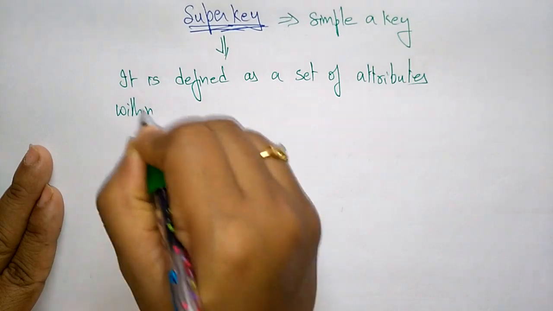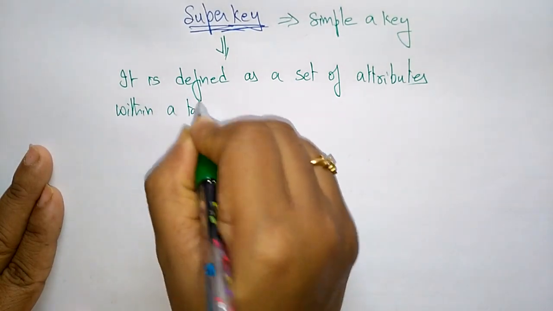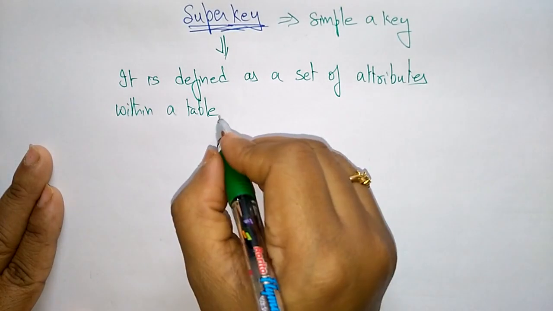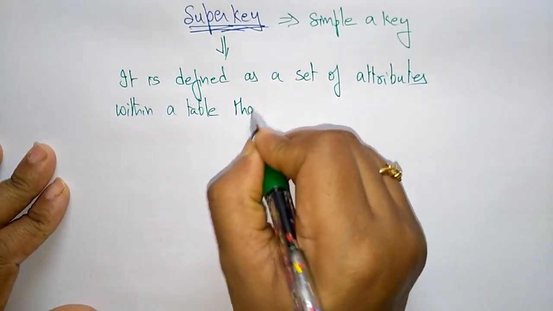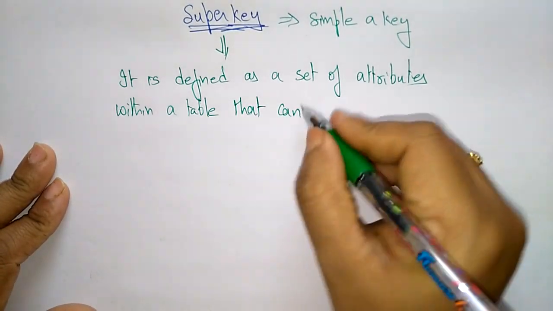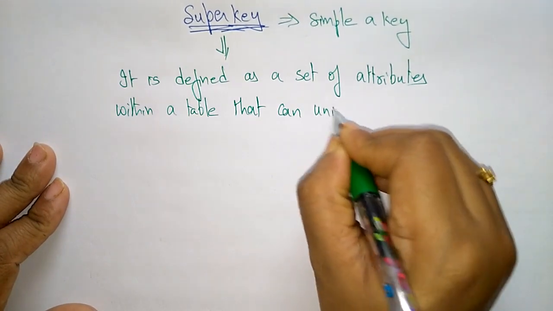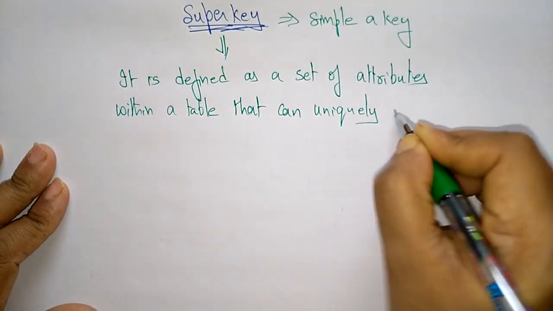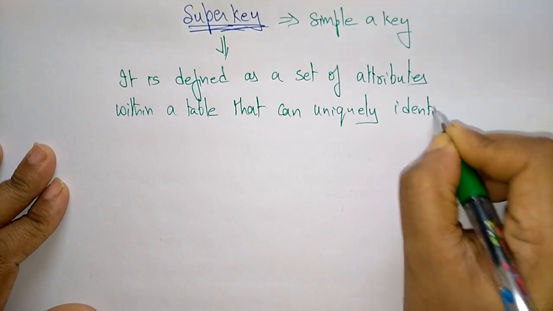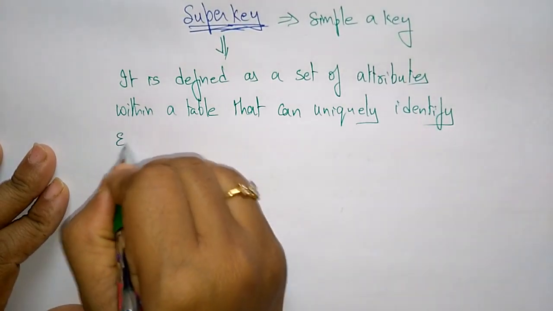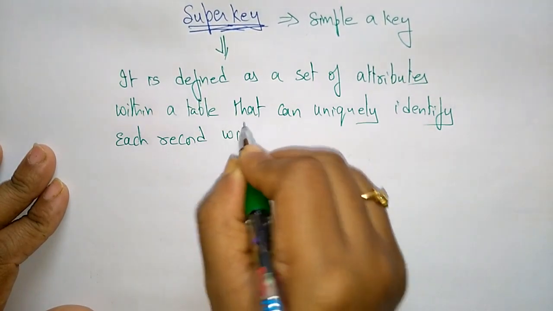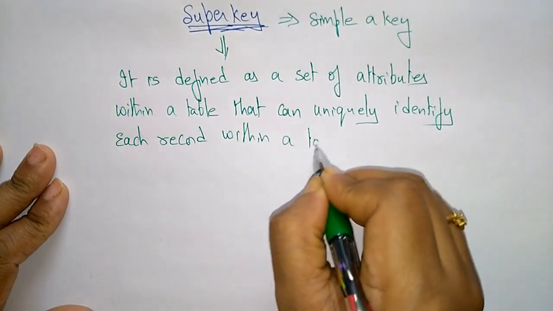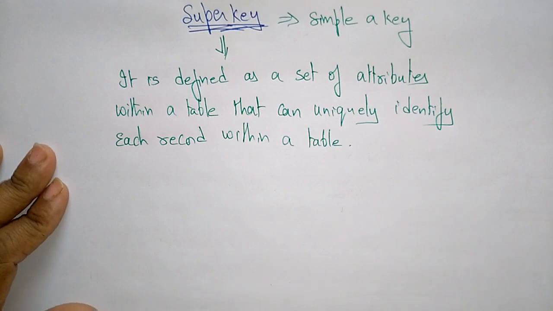So within a table, a set of attributes will be there, and those attributes can be helpful in identifying, that can uniquely identify each record within a table. This you call a super key.